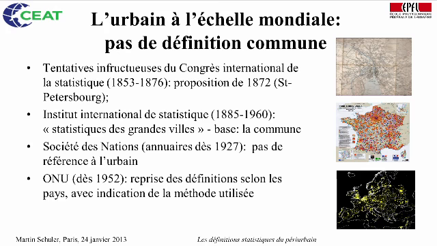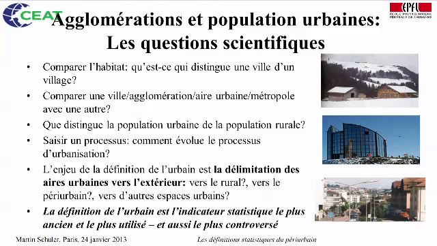The League of Nations did not make references to the urban. Then the UN, after 1952, used country-specific definitions by specifying the method used, and here no systematic approach that would be worldwide.